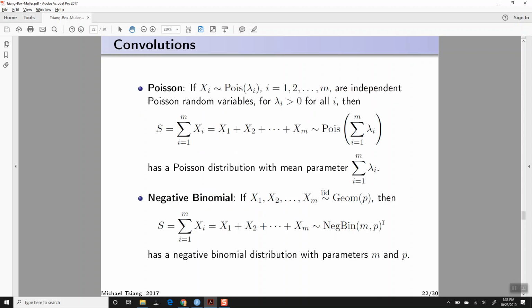All right, and then there's a whole bunch of other things that are convolutions, right? So a Poisson. If you have x be a Poisson variable, then you can do the sum of x's, and that will be just another Poisson variable.